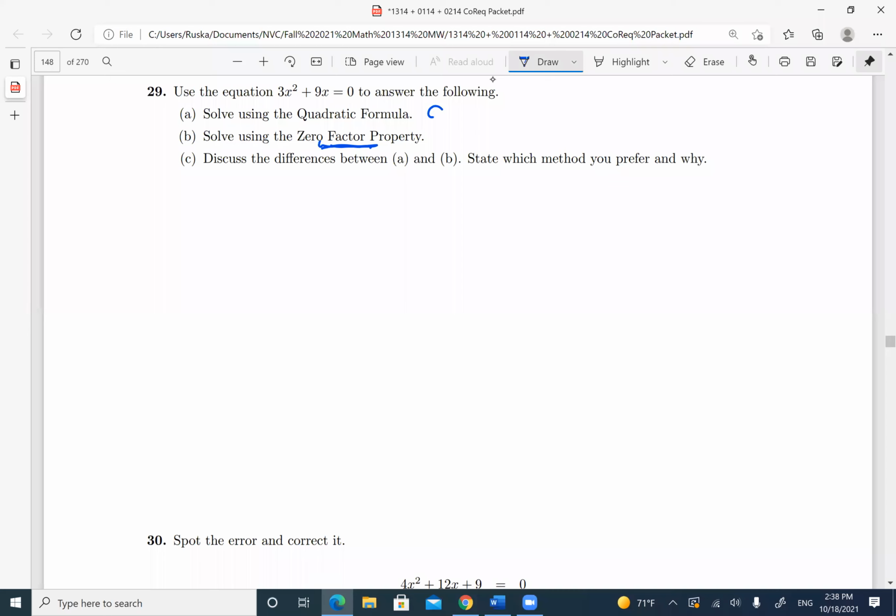It's faster to factor it. So if you do the formula, you're gonna have A is 3, B is gonna be 9, and C is gonna be 0. That's what you're using for the formula. If you factor, it's easier probably because you can just pull out 3x, and you're gonna have x plus 3 equals 0.